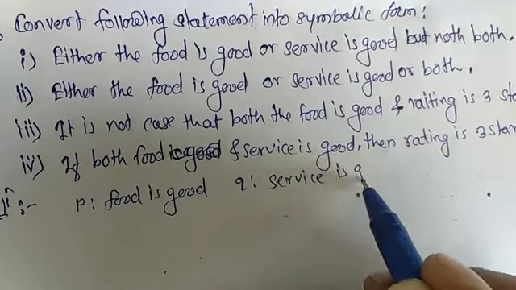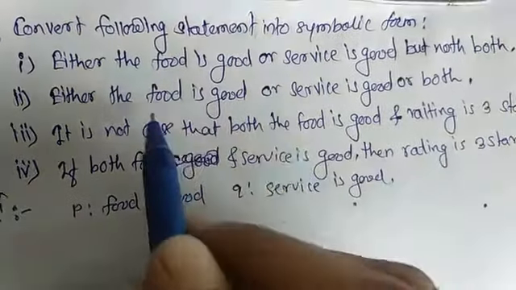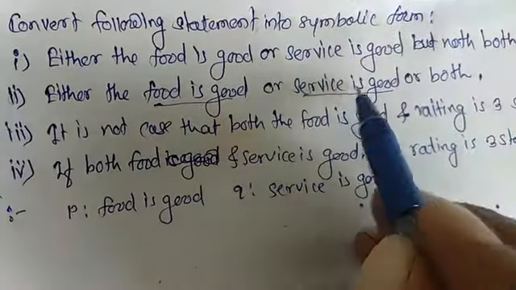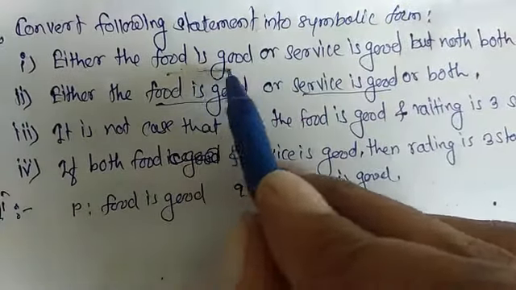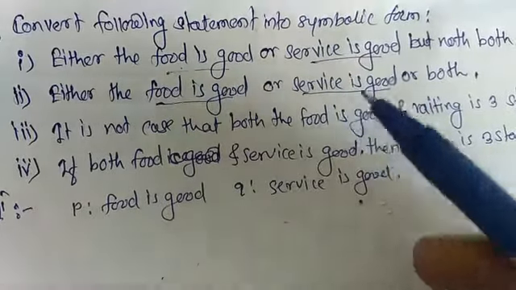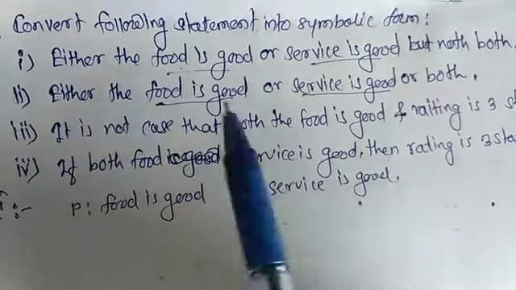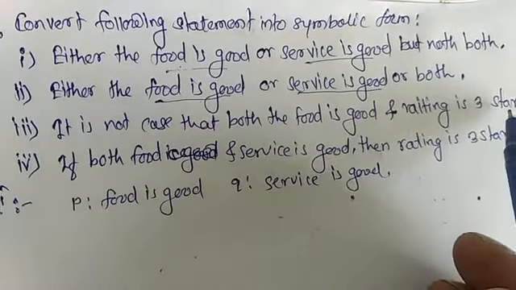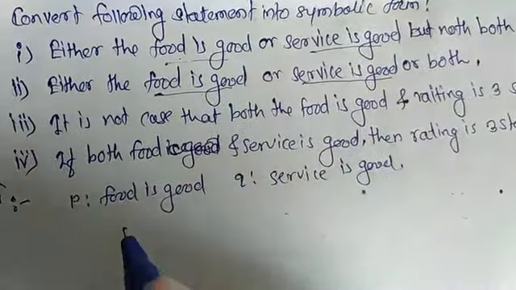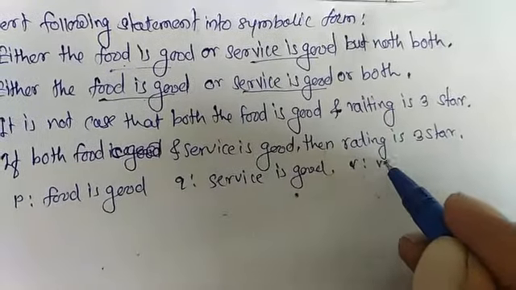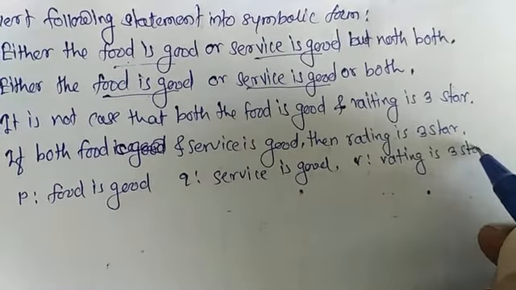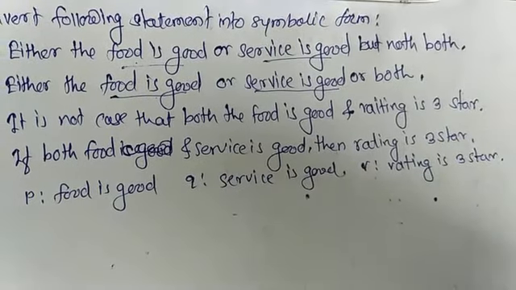In the first and second also there are food is good and service is good. In the third it is both food is good and rating is 3 stars. So here the third statement is R, which is rating is 3 star.